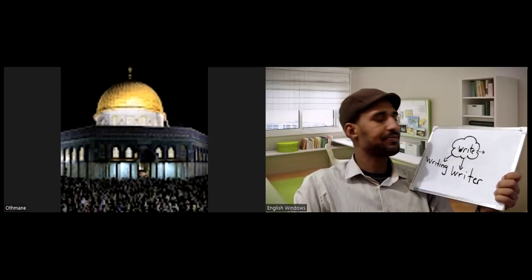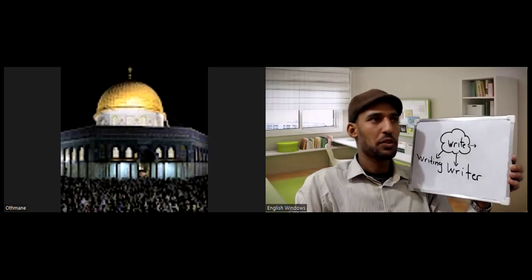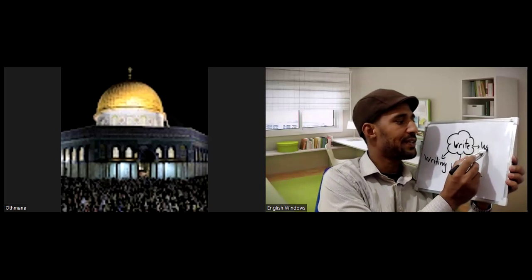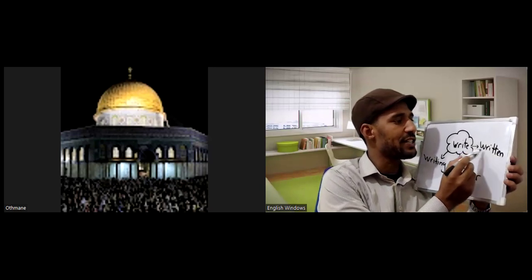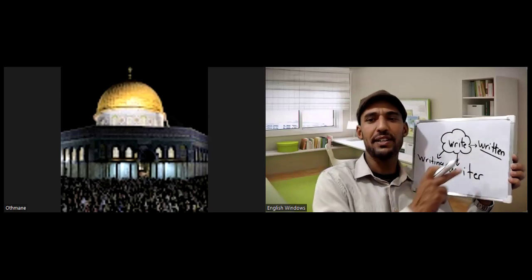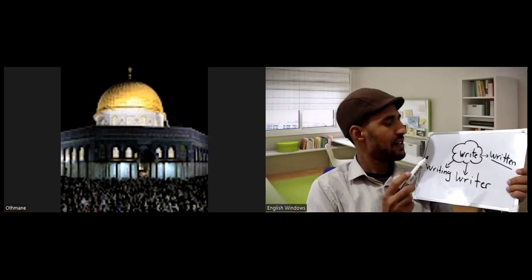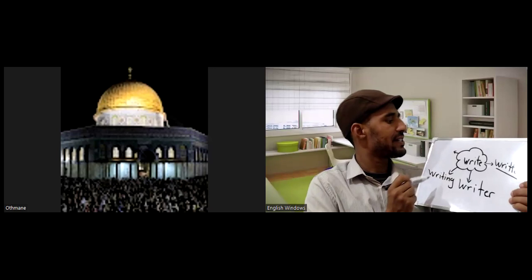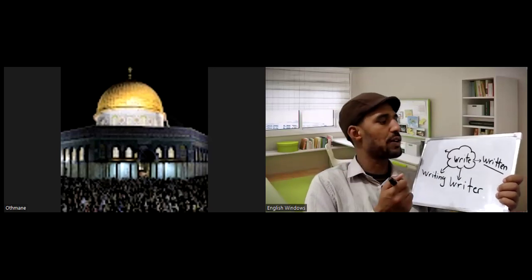Any more words? We can say also written. This letter is written. The letter is written. الرسالة مكتوبة، اسم المفعول. Written. Good. What else do you think, guys? Of course, in the past we are going to say wrote, and so on.